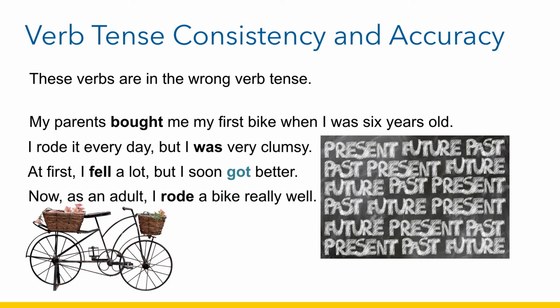Get in the past is got. Now, as an adult, I ride a bike really well. Here, we need the present tense because it says now. So take a look at your writing. How do your verbs look? Are they consistent? Are they accurate?